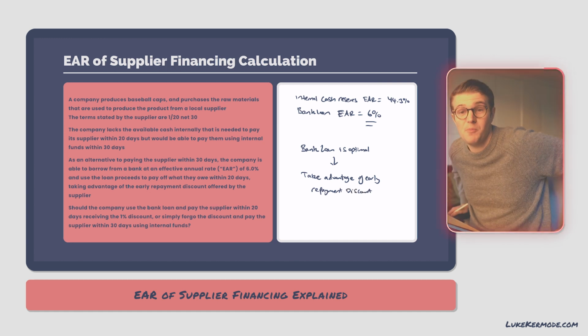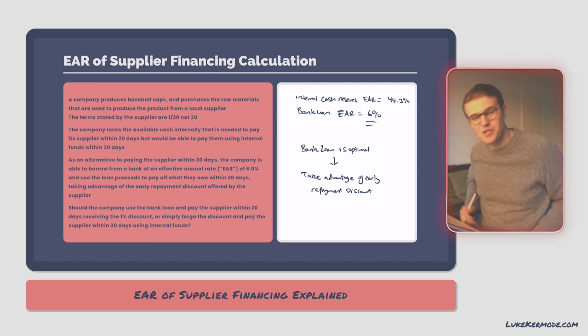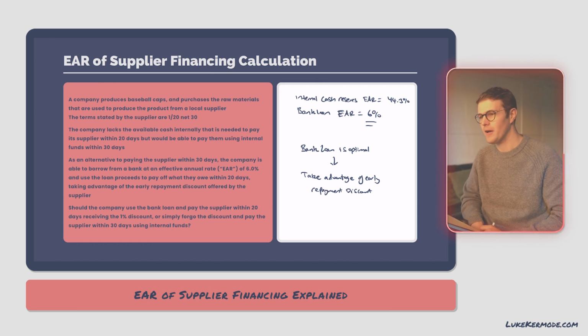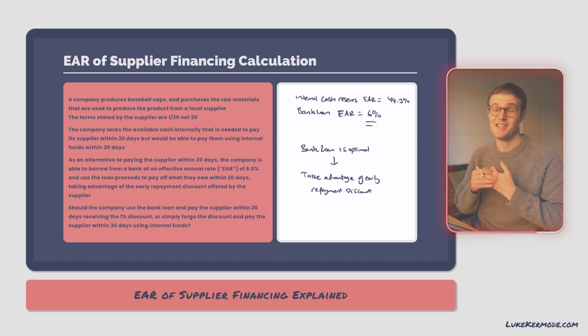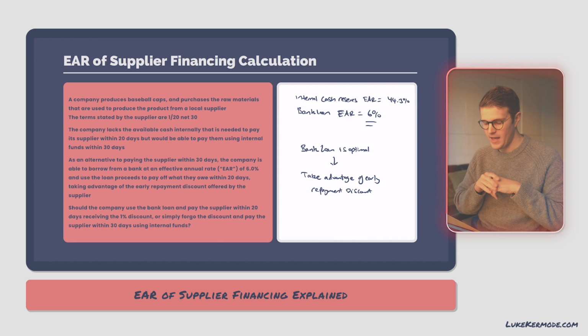So yeah, the bank loan is optimal. The company should take it out and take advantage of the early repayment discount offered by the supplier. And by going down this route, they'll be able to preserve their existing cash and they'll pay a far lower interest rate on their supplier financing.